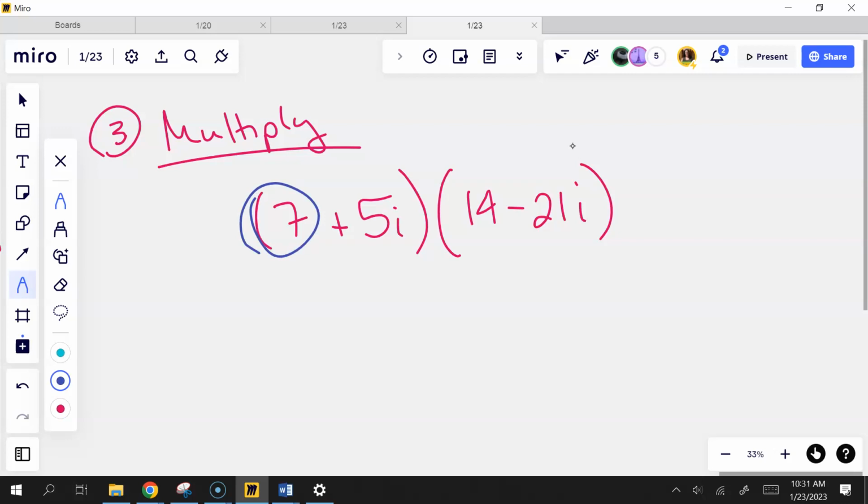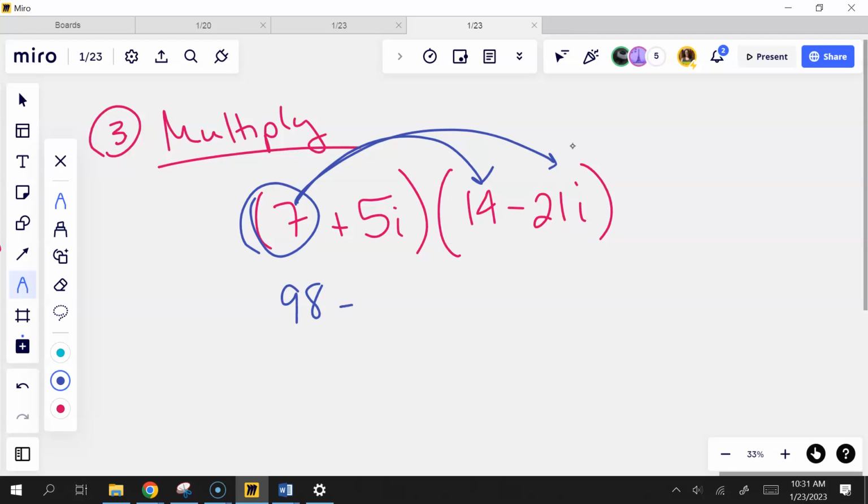Distribute the 7 times 14. 7 belongs here.